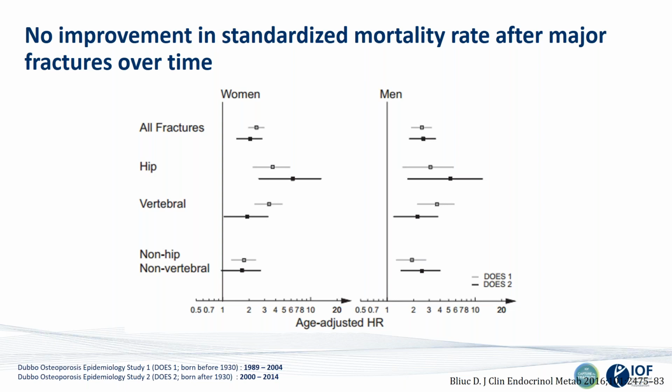And regardless of the age of the patients and the confounding factors, they looked at the mortality rate after fractures. And what is very interesting is regardless of the group and the age of the fracture and so on, the rate of mortality after fracture, and again, all fractures, hip fractures, non-hip, non-vertebral fractures, is very similar for these two groups.